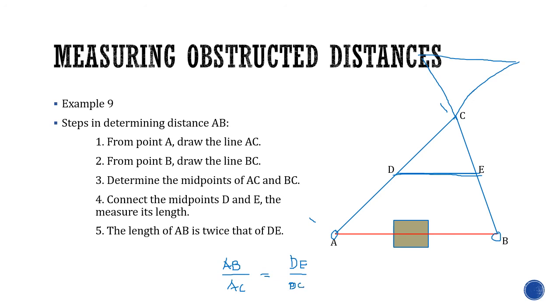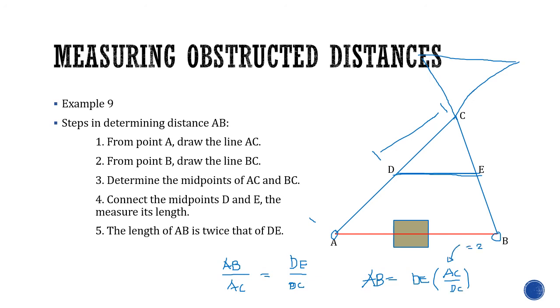Okay, tapos sabi natin, di ba, kalahati lang to? Kalahati lang to. So, ibig sabihin, yung DC ay kalahati ng AC. So, ibig sabihin, yung ratio ng AC to DC ay 2. Okay, so, ang mangyari ulit, AB ay equal to DE times the ratio of AC over DC, no? AC over DC, sabi natin, doble, di ba?